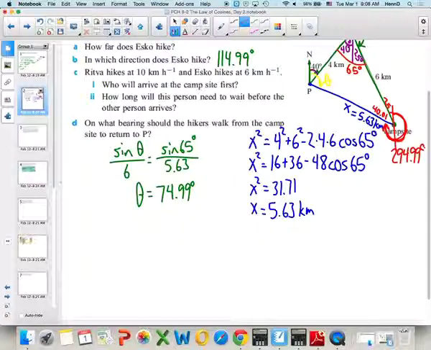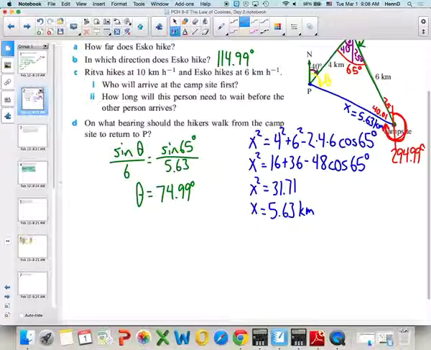Good. Okay, so that's one way you can do it. Find the angle in here, find this piece, subtract those from 360, and you get 294.99. The other way you could do it is think about this. If I want to go exactly the opposite direction, what angle would I turn from where I'm aiming? 180 degrees, right?